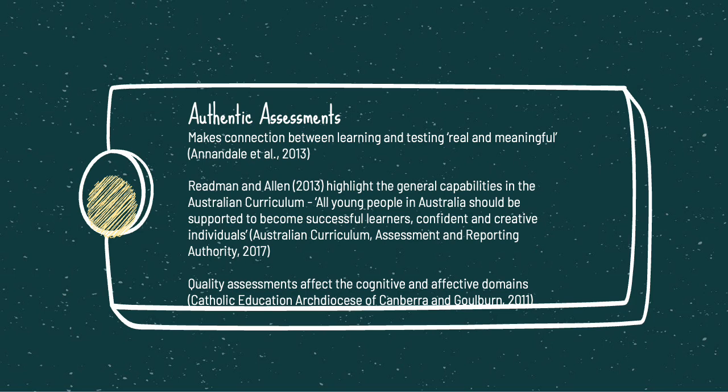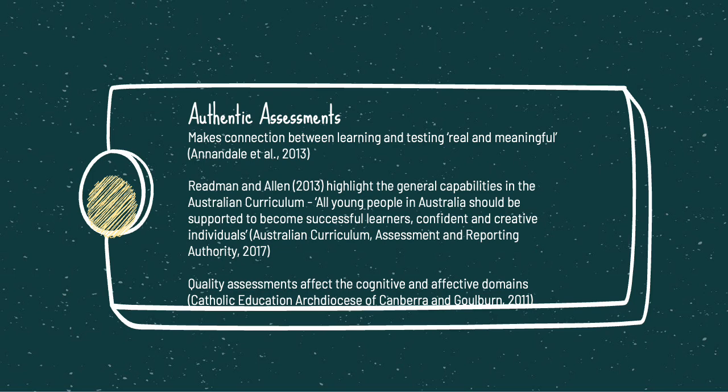Many educational resources also highlight the effect of having authentic assessments, which makes the connection between learning and testing real and meaningful. Redman and Allen highlight the intention behind the general capabilities in the Australian curriculum, noting that all young people in Australia should be supported to become successful learners, confident and creative individuals.